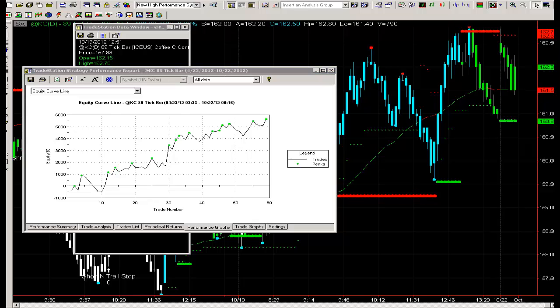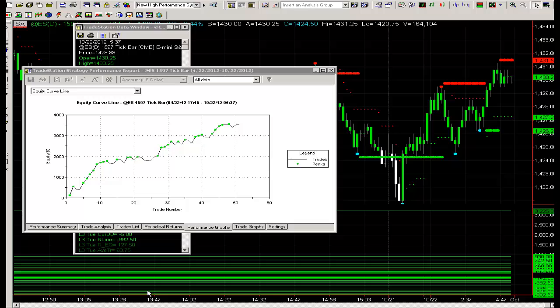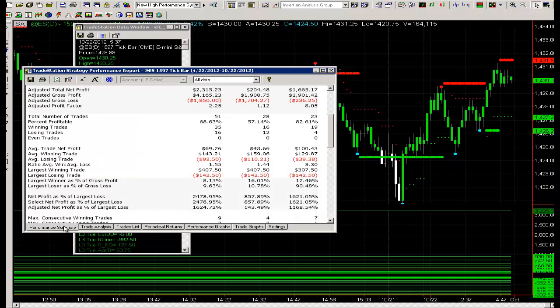And a couple of the other markets I wanted to touch base with, for those of you who have a keen interest in trading the S&P. Mark's new ES 1597 cycle trader is tracking nicely. This is one of the ones he sent through for you to have a look at, running at about 69.26 as an average trade net profit.